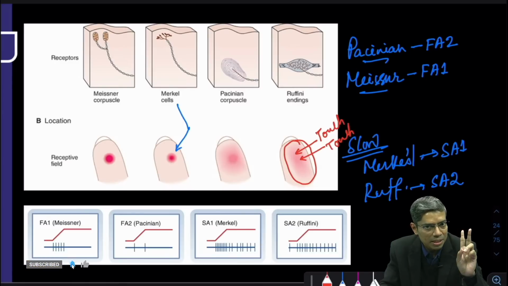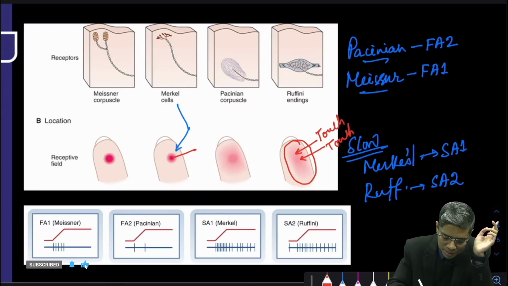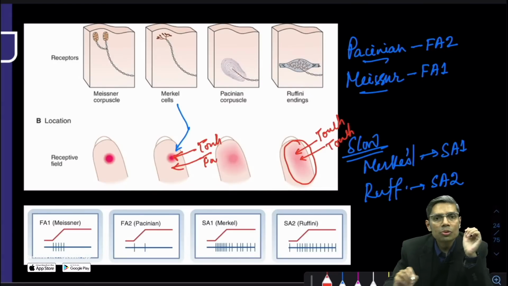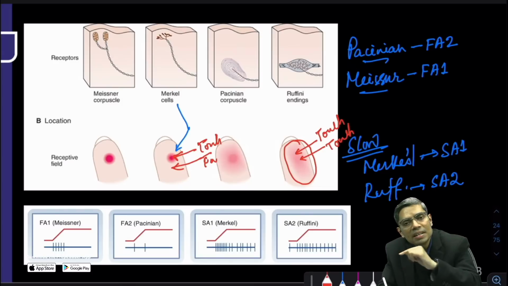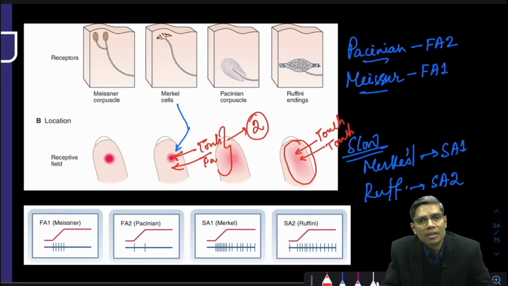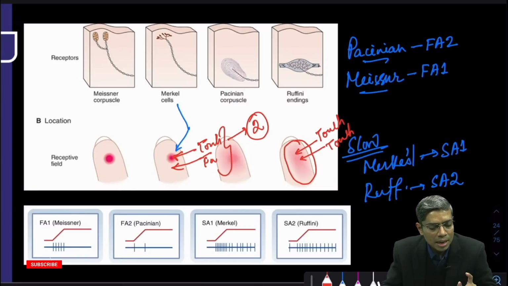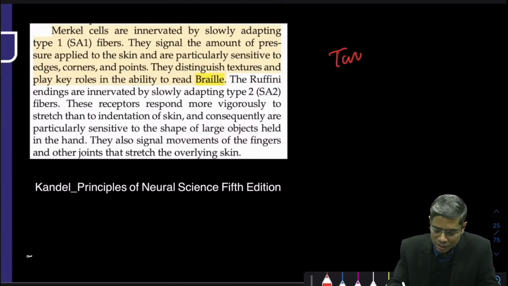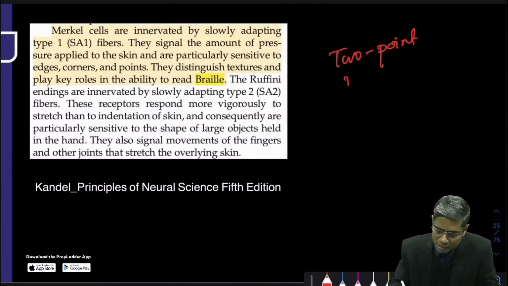The brain is not going to differentiate. But if I give a stimulus here and another stimulus here, these two touches are falling on two different receptor fields. The brain will perceive them as two touches. So this is nothing but your 2-point discrimination property, and this is best perceived by which receptor? Merkel's. So please note down, 2-point discrimination is best done by Merkel's.